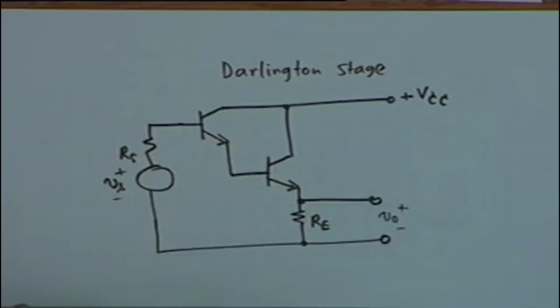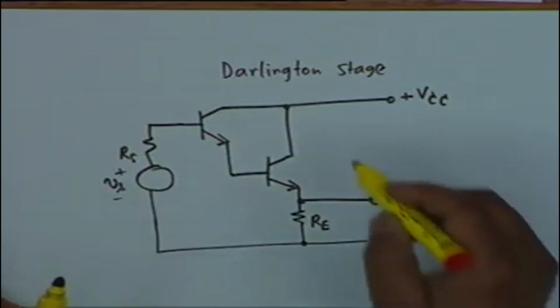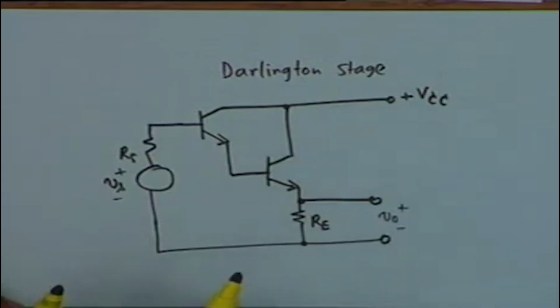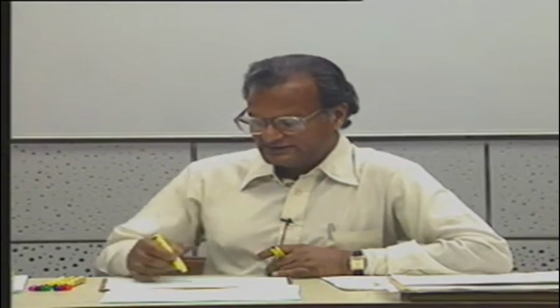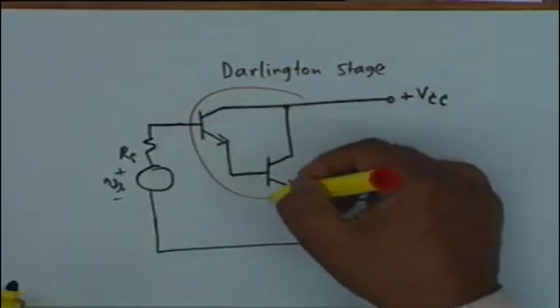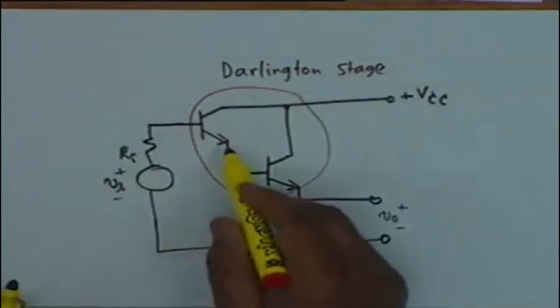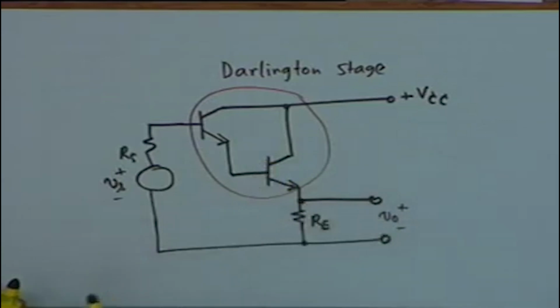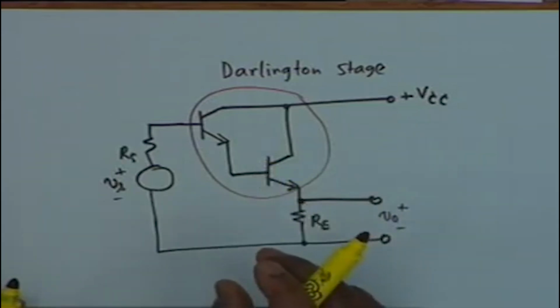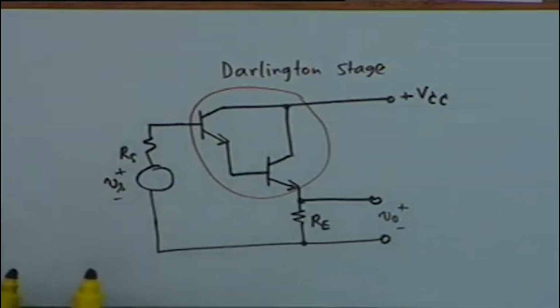Now you see what in effect the circuit is: instead of a single transistor emitter follower, as I had introduced last time in the 33rd lecture, a single transistor is now replaced by two transistors. The emitter current of one becomes the base current of the other, and you can expect that there would be a very large current amplification.